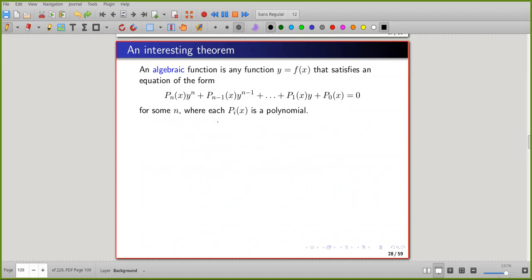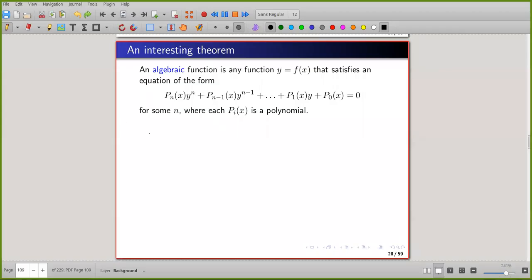Okay. An algebraic function is any function y of x, y is equal to f of x, which satisfies an equation of the form Pn(x) y to the n plus Pn minus 1(x) y to the n minus 1 plus dot dot dot plus P1(x) y(x) plus P0(x) is equal to 0 for some n, where each Pi(x) is a polynomial.